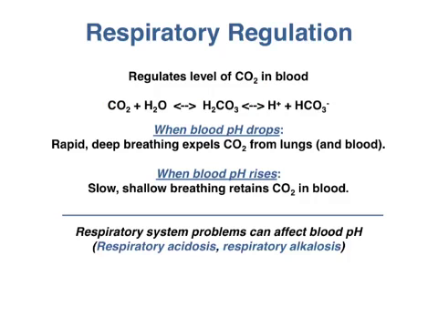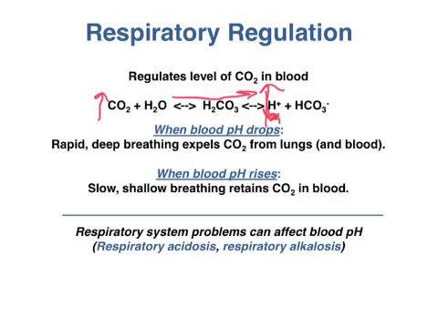Conversely, when your blood pH rises, that means that you have too few hydrogen ions in your blood. Your breathing becomes slower and more shallow, so that you're holding on to carbon dioxide in the blood, which is going to shift this whole equilibrium to the right and bring those hydrogen ions back up.